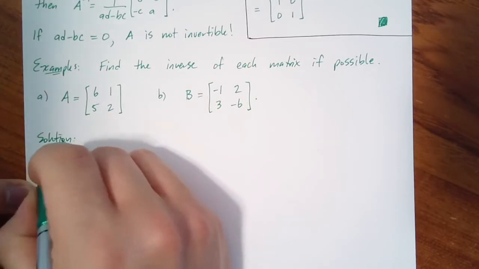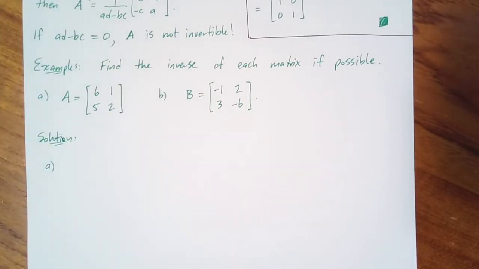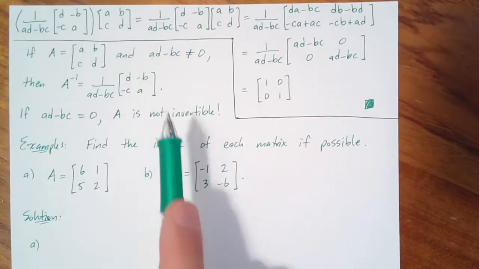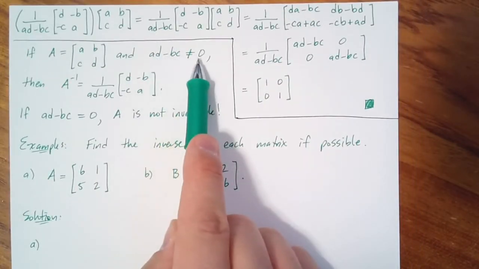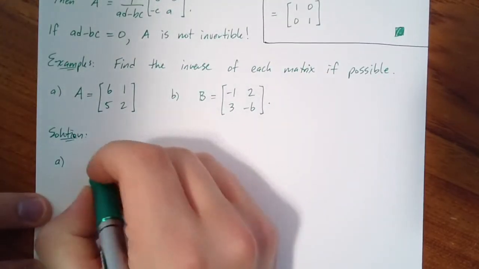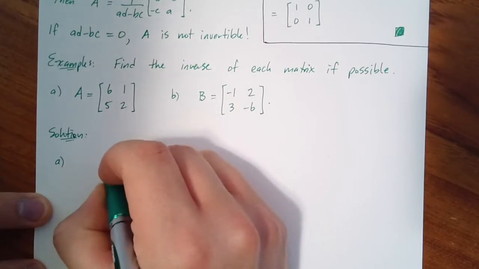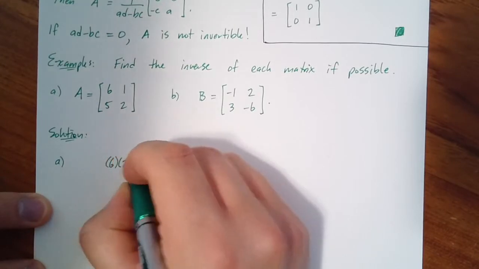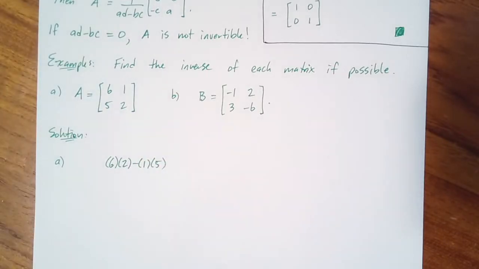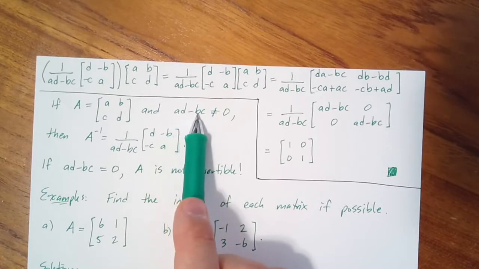So the first one, well, let's first work out this expression up here, right? We want to know, is this quantity not equal to 0 or is it equal to 0? Because this is going to tell us whether the matrix is invertible or not. So if I went 6 times 2 minus 1 times 5, really, this is exactly this expression AD minus BC here, right?